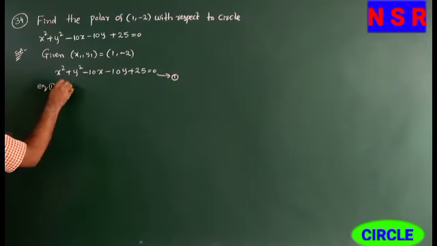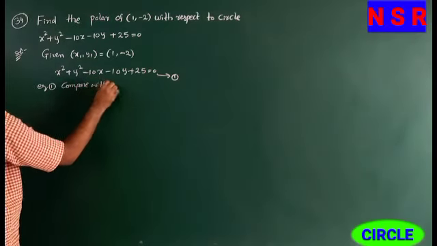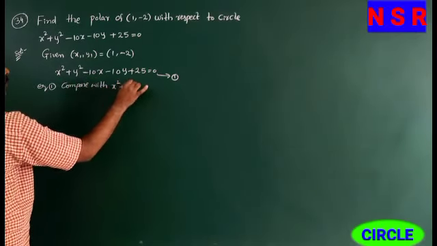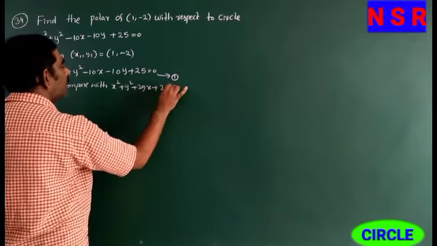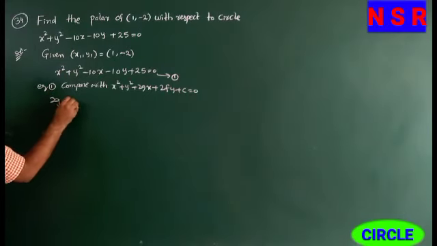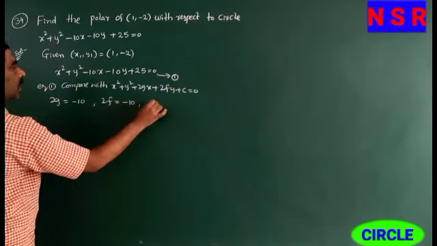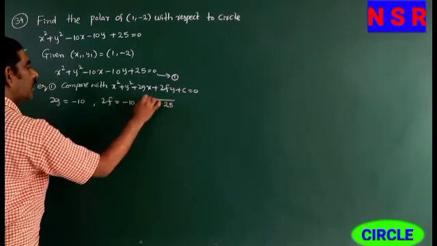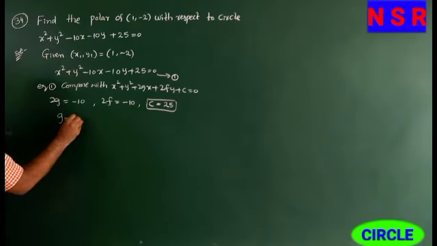So equation 1 compare with x² + y² + 2gx + 2fy + c = 0. Here 2g is equal to -10 and 2f equal to -10 and c equal to 25. Where g is equal to -10 by 2, -5.